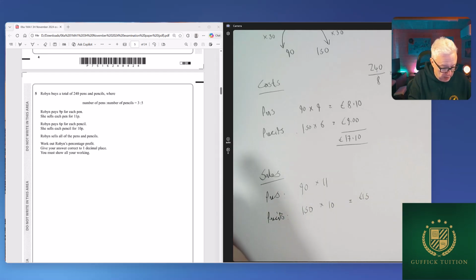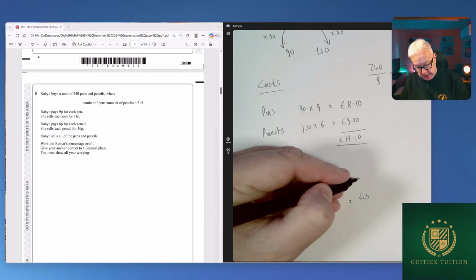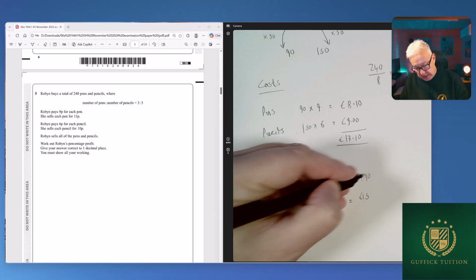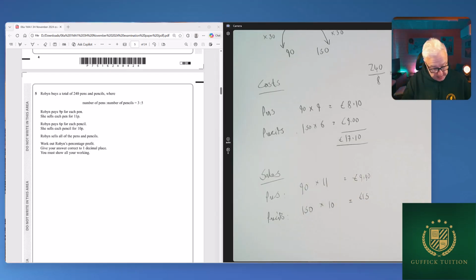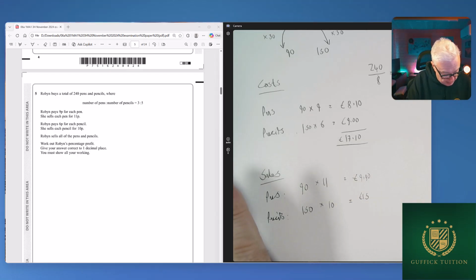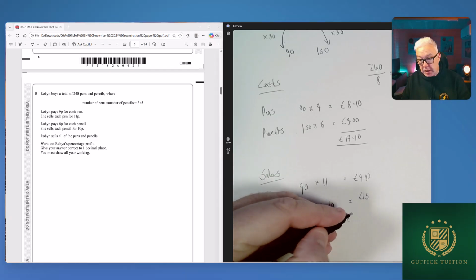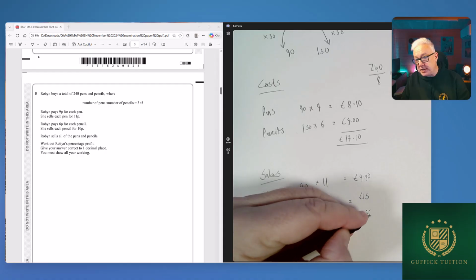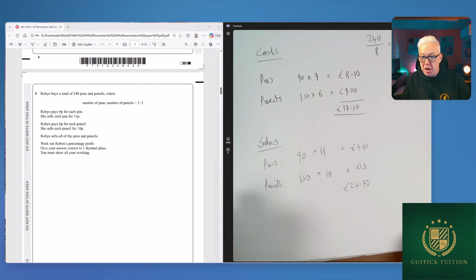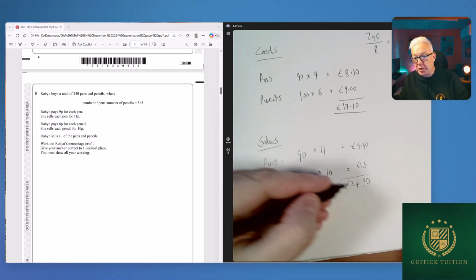And then we've got 90 times by 11, which is £9.90. So let's add those two together. So £9.90 add 15 is going to give us £24.90. So £24.90, that's how much money they're all sold for.